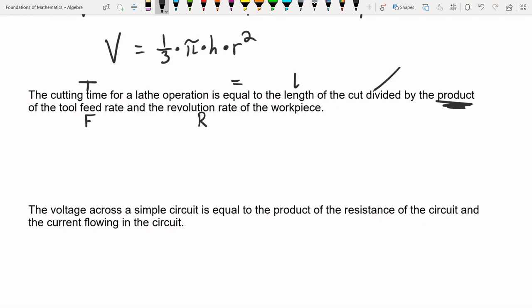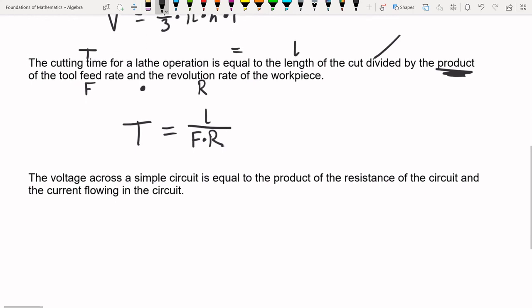These are multiplying because it's the product. The cutting time is equal to the length of the cut divided by the product of the tool feed rate and the revolution rate.